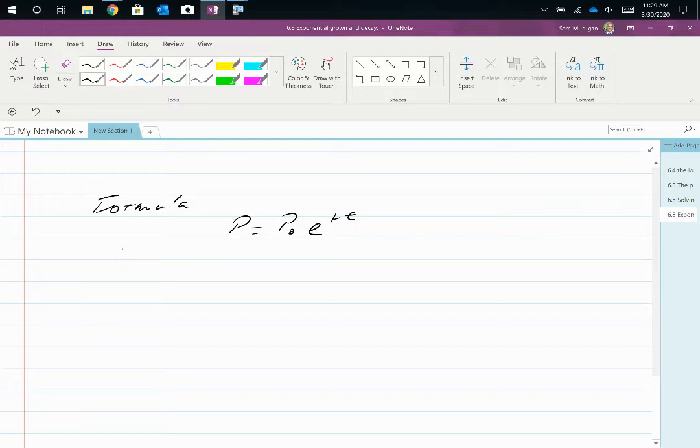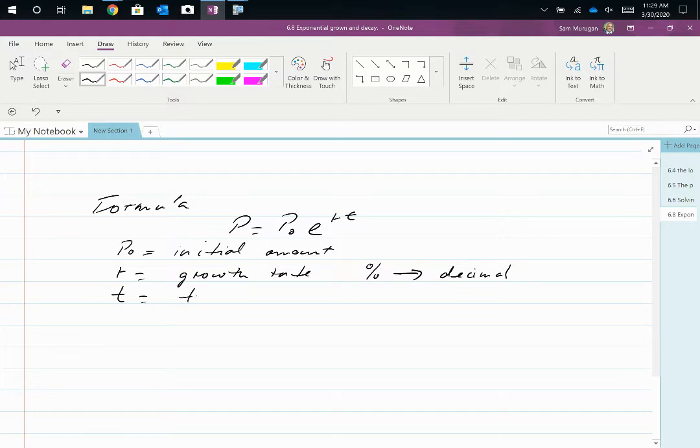So here P0 is the initial amount, r is the growth rate, and percentage must be converted to decimal, and t is the time.